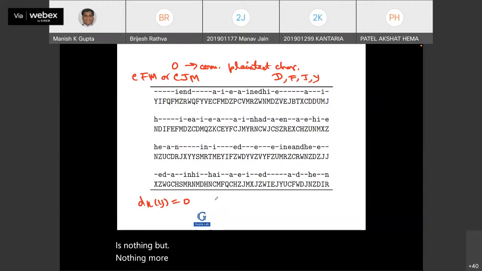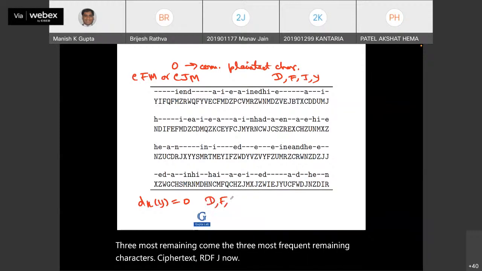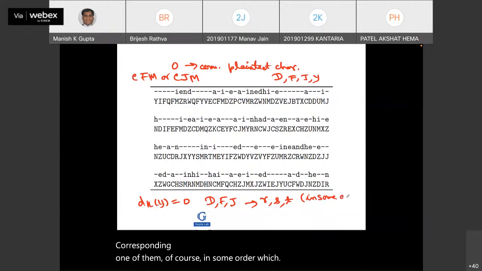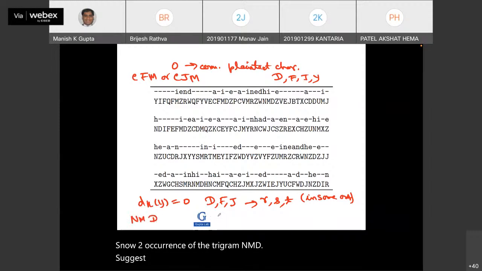Now, the three most frequent remaining ciphertext characters are D, F, J. So we conjecture that in some order they could encrypt R, S, T. So now two occurrences of the trigram NMD suggest that dk of D is equal to S, giving the trigram HIS in the plain text.